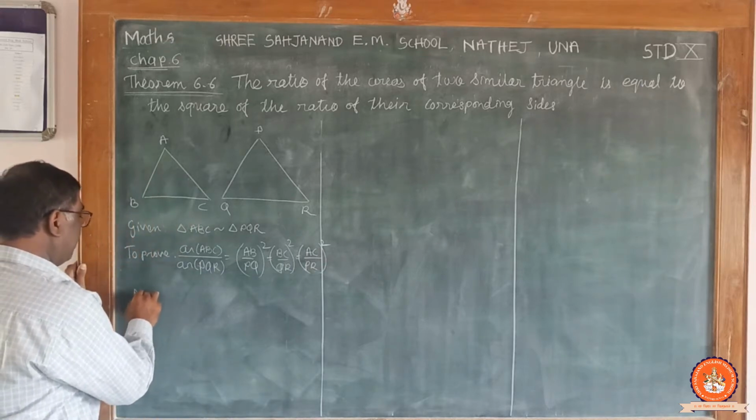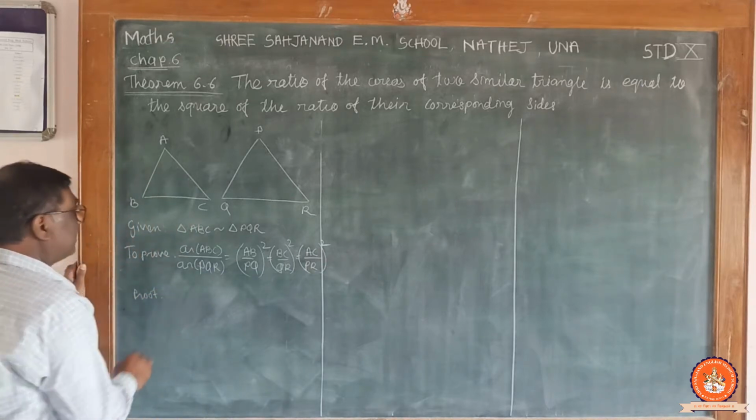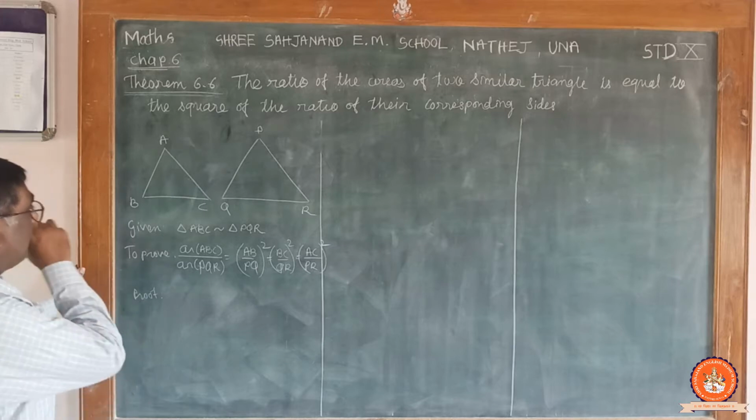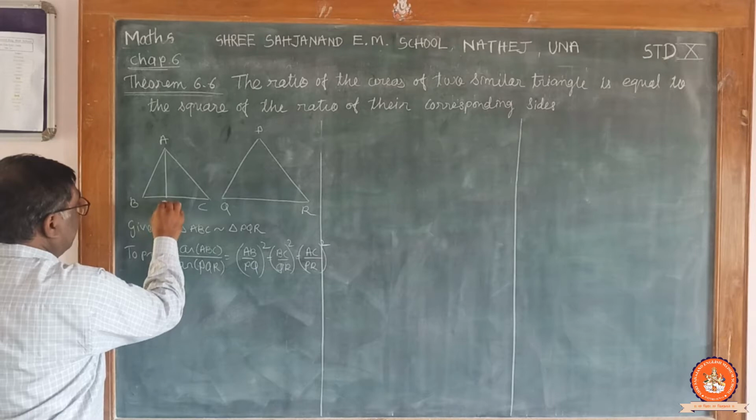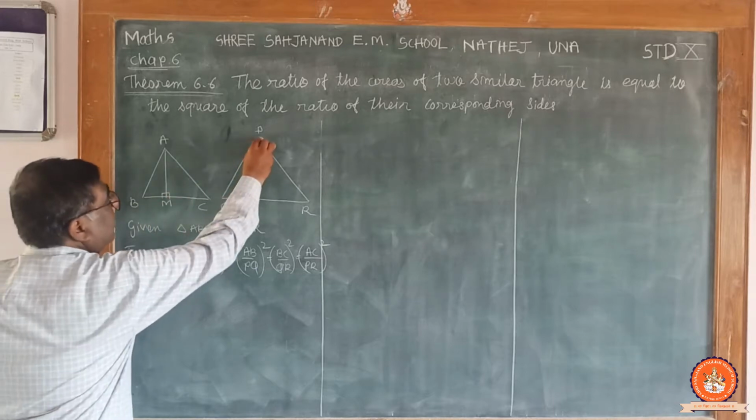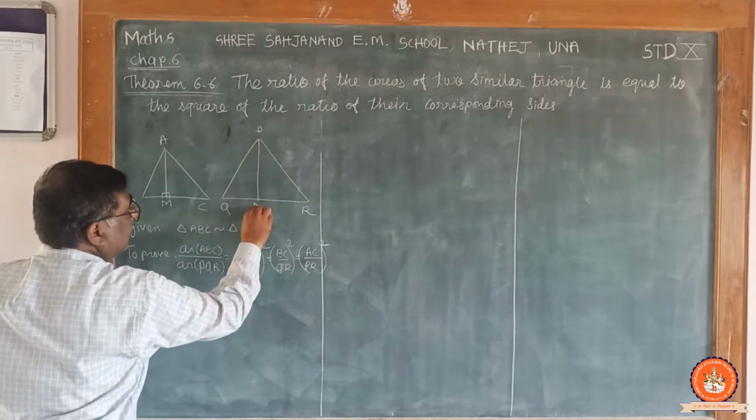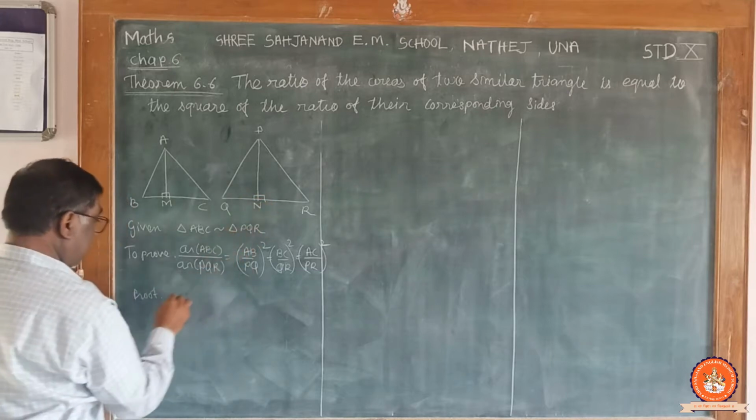To give a proof of it, we'll start with the construction: let AM be perpendicular to BC and PN be perpendicular to QR.